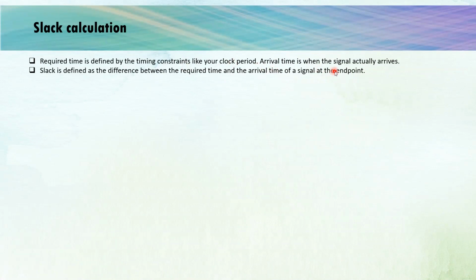And arrival time is the time when the signal actually arrives at a particular D pin of your flop. So slack is defined as the difference between the required and arrival time of the signal at the endpoint. This is just a very rough definition of it, but it's not exactly like this. It's required minus arrival in the case of setup, where we want to see the positive slack, and arrival minus required in the case of hold, that we've already seen in the past slides, right?